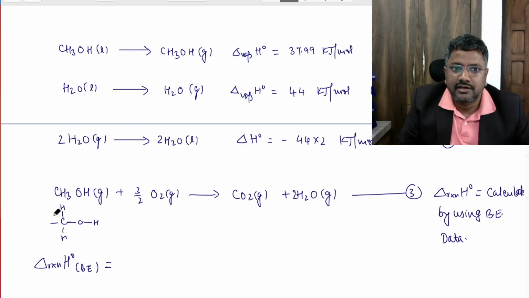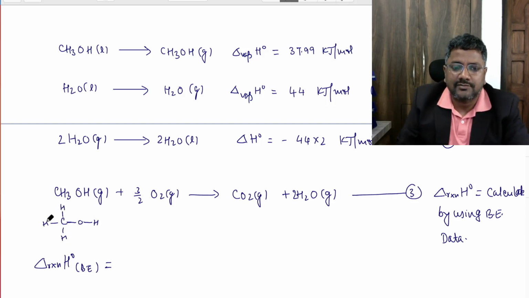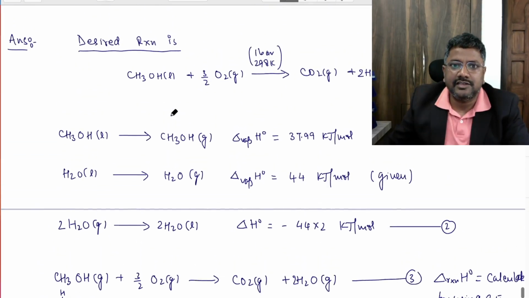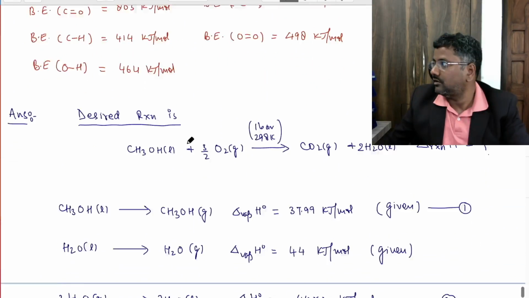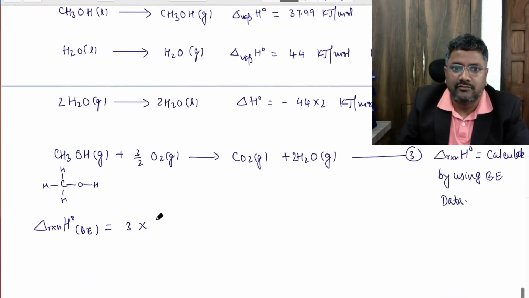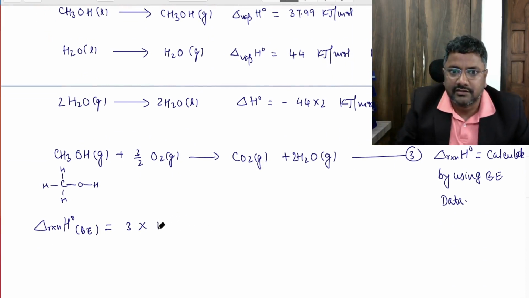CH3OH. So in CH3OH, first I am writing reactant. So 3 moles of CH bond. So 3 into what is the bond energy of CH bond? See, CH bond 414. So 3 into 414. 3 into CH. One minute, I will write first formula, then value. Bond energy of CH bond, right?